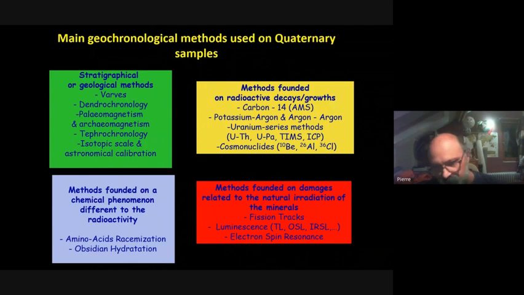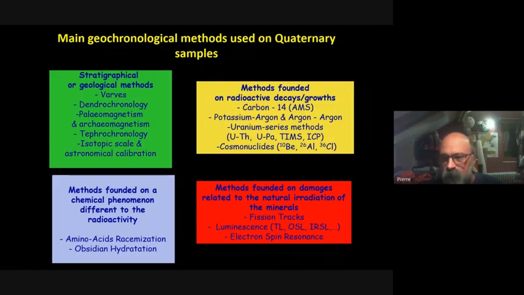We will see a few of them to explain what I mean by this term. Sometimes in the support, some chemical elements change with time, not in relation with radioactivity, just chemical processes. A few methods are based on this phenomenon, and we will talk quickly about that.